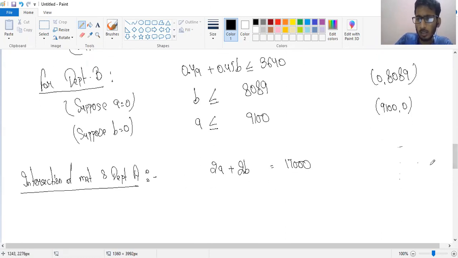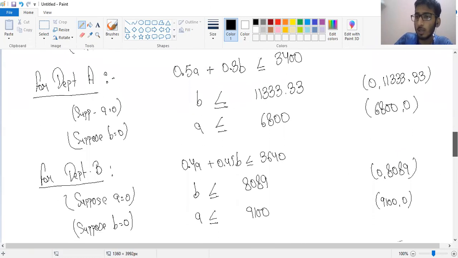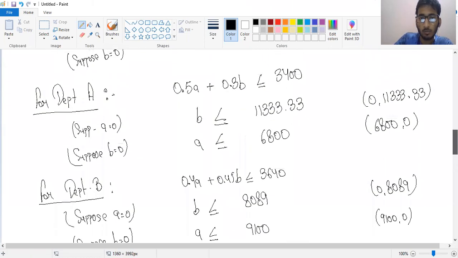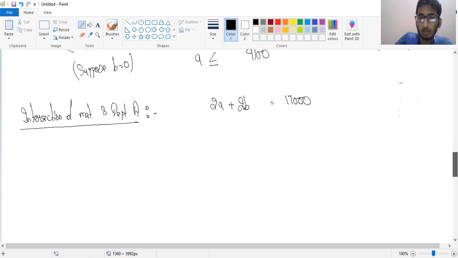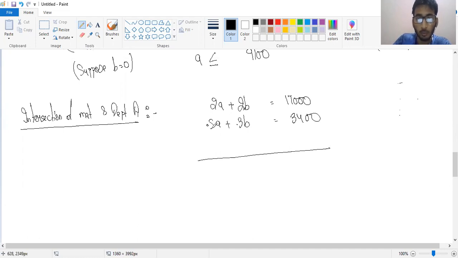I would say less than or equal to, but let's forget that sign because we are solving a linear equation. And 0.5A plus 0.3B is 3400. I hope you know how to solve these types of questions.